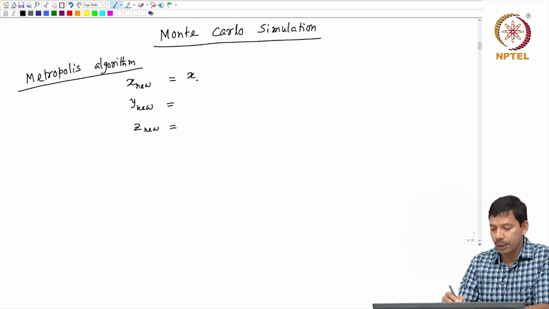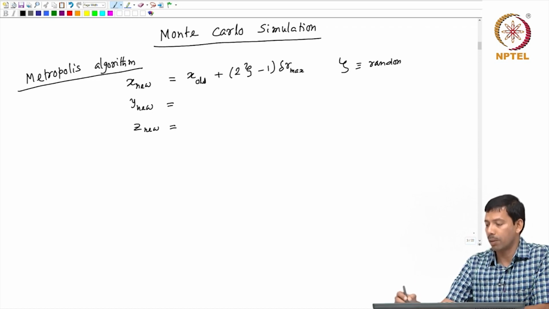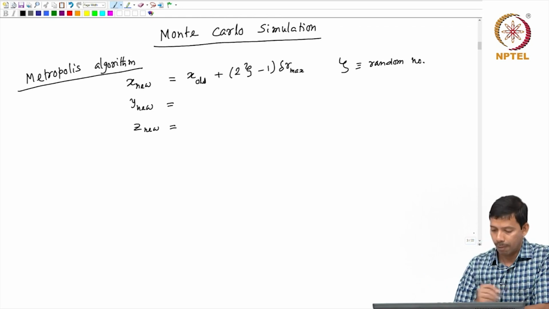So, x new equals x old, where x old is the coordinate of the ith particle, plus 2 zeta minus 1 times del r max, where my zeta is a random number.